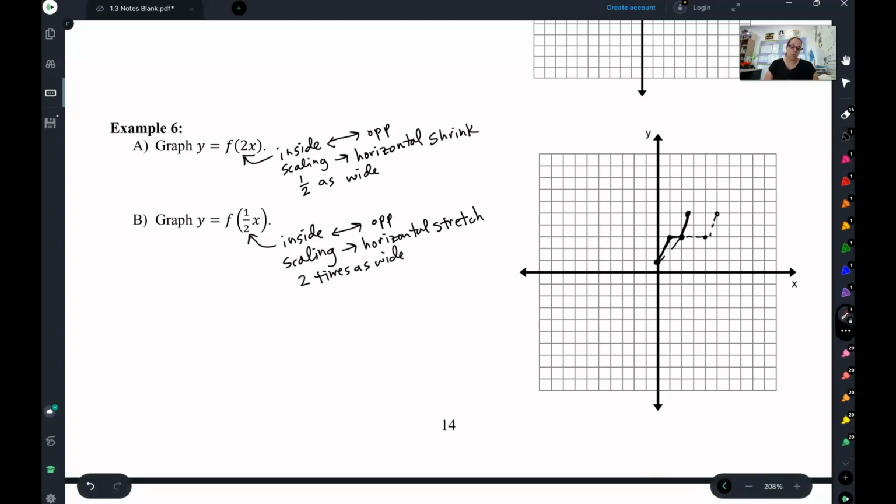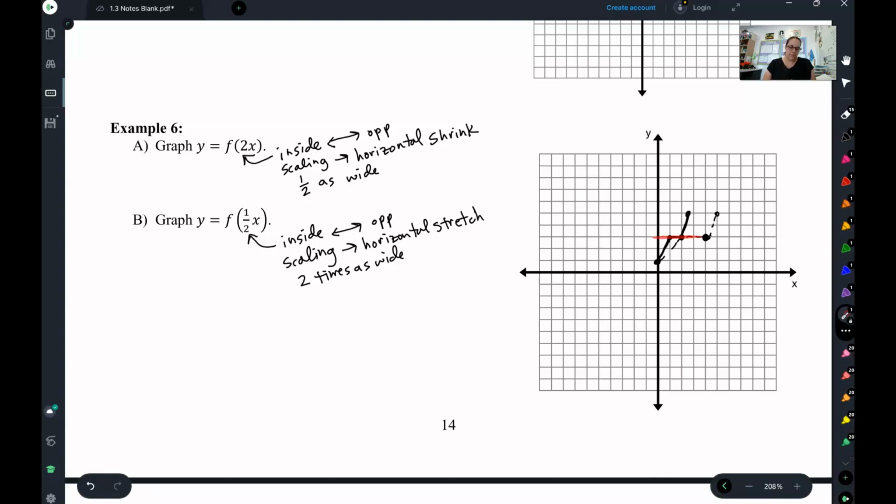Now let's try twice as wide. So again, this point isn't going to change because it's at 0. 2 times 0 is still 0. This point is 2 blocks wide from the y-axis. So we're going to times that by 2 to make it twice as wide and takes us out to here.